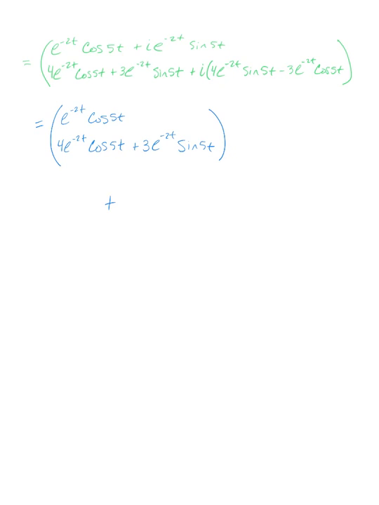And then I have plus i times the imaginary part, which in the first component is e to the negative 2t sine 5t. And in the second component is 4e to the negative 2t sine 5t minus 3e to the negative 2t cosine 5t.